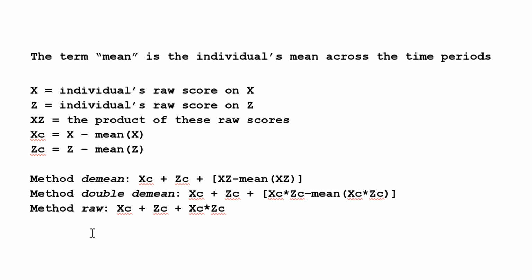And the raw approach follows this particular formulation. Now, the conventional method used in many applications is the demean method. However, research and simulation studies suggest that the double demean method seems to work best in terms of avoiding bias. So this is default in my program and the Panel R program.